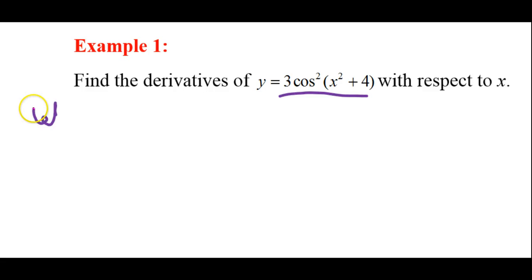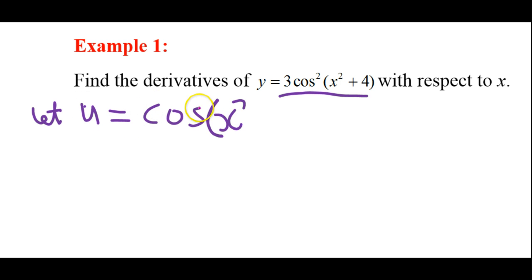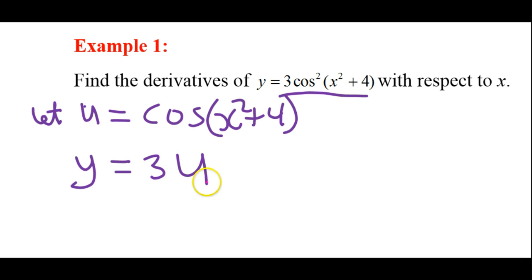If I say let u equal cos into bracket x squared plus 4, in that case, then the whole y can be written as 3u squared, because I'm representing the whole of this by u, and that is squared.